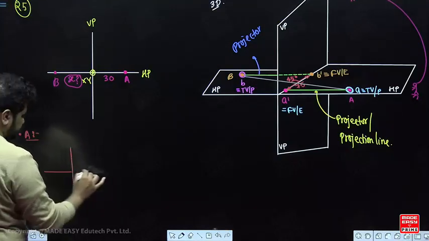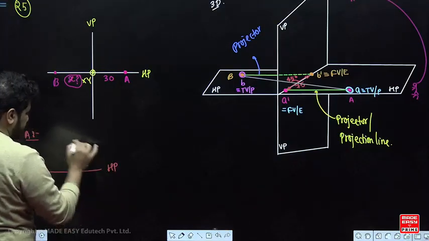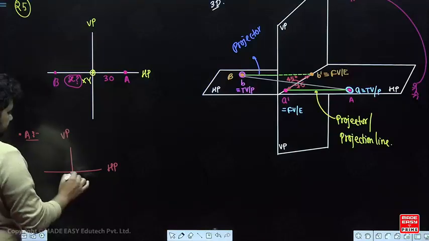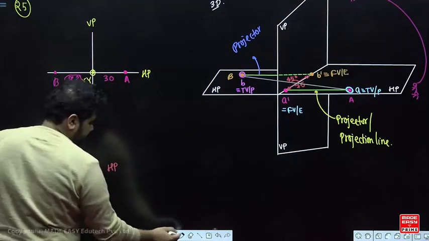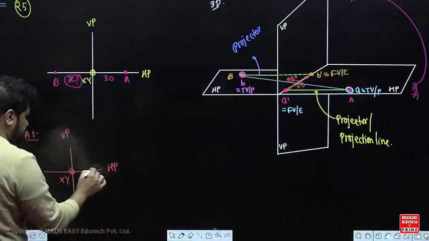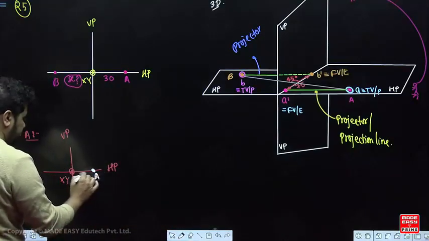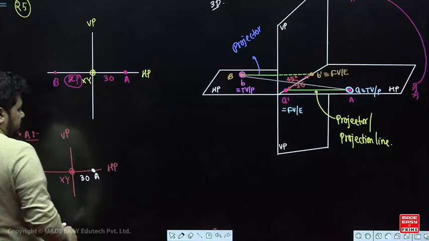See, this is HP, this is VP, correct, and this is your XY, there is no doubt about it. Where is A? If I say A point is here, 30 distance, right.